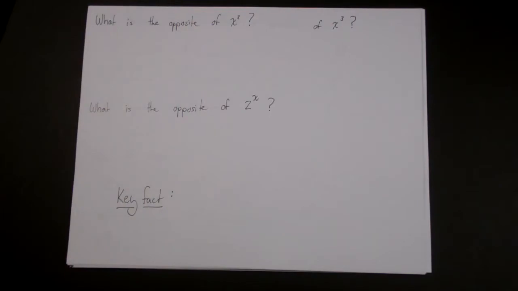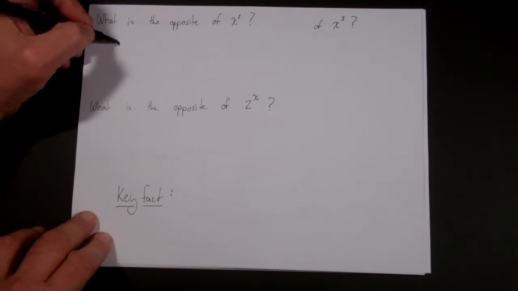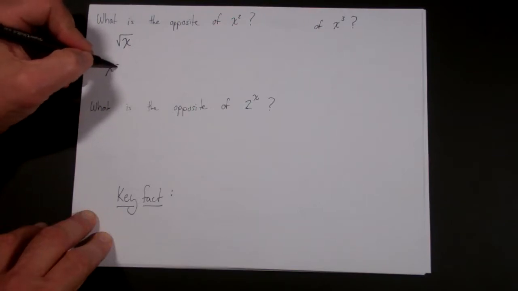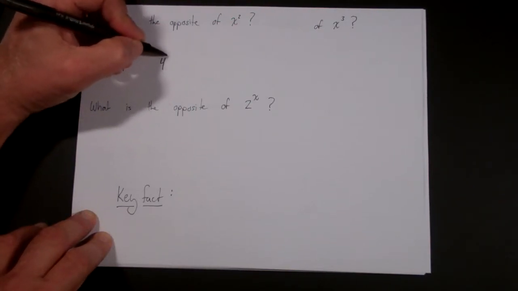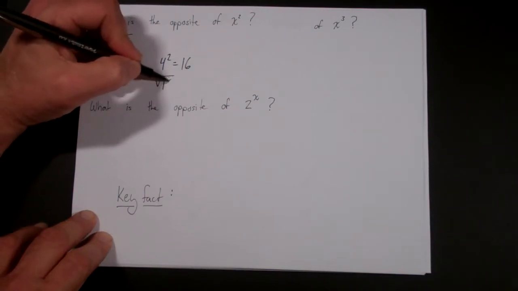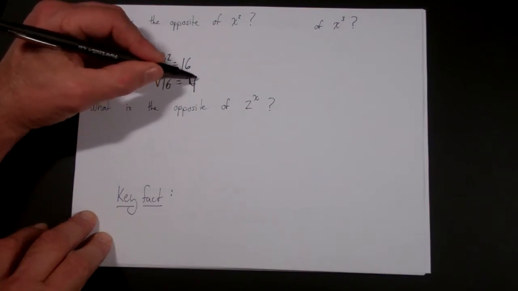Now let's think of those two in terms of opposites. So the opposite of x squared is the square root of x. Pick any number. Let's say x is equal to 4. 4 squared is 16, and the square root of 16 is equal to 4.